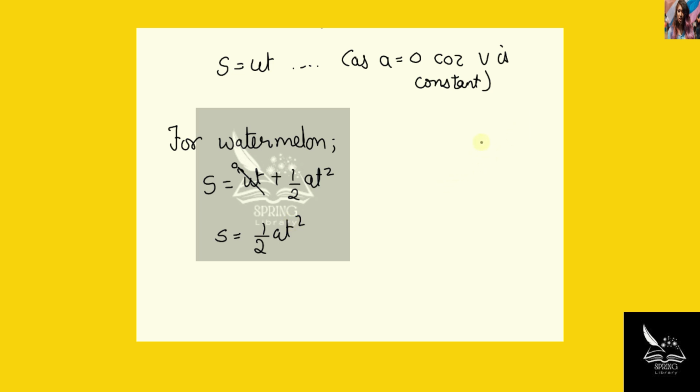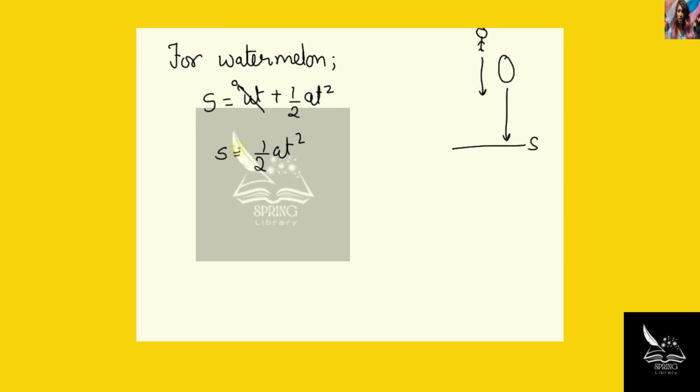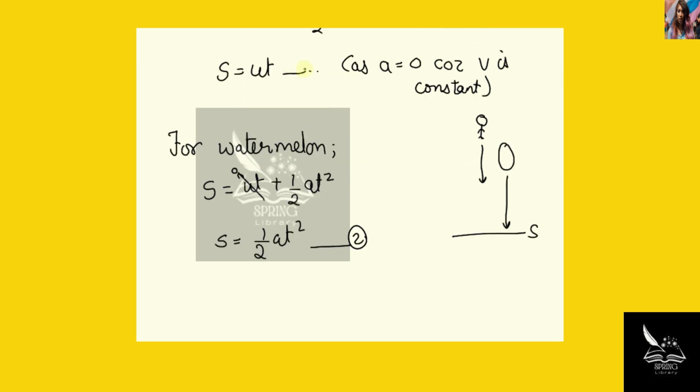Here the watermelon is dropped down, and at the same instant Superman is also flying downwards. So at some distance s they will meet together, and for that distance both of their distances will be the same. So we will just equate these two equations. Let us call this equation number 2 and this equation number 1.